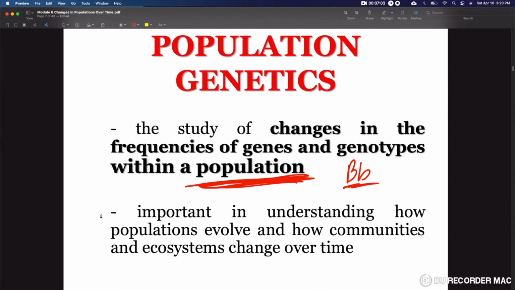This is really important in understanding how populations evolve, and how communities and ecosystems perpetuate and continue over time. This study will answer our question earlier of why polydactyly is not so predominant in our population, even though it's a dominant trait.